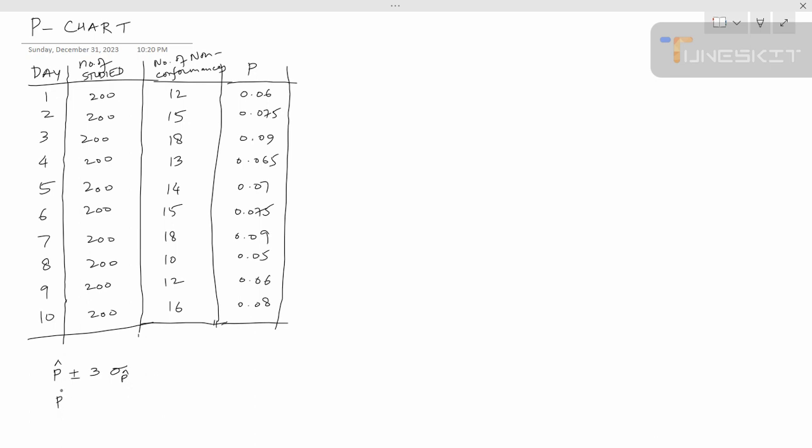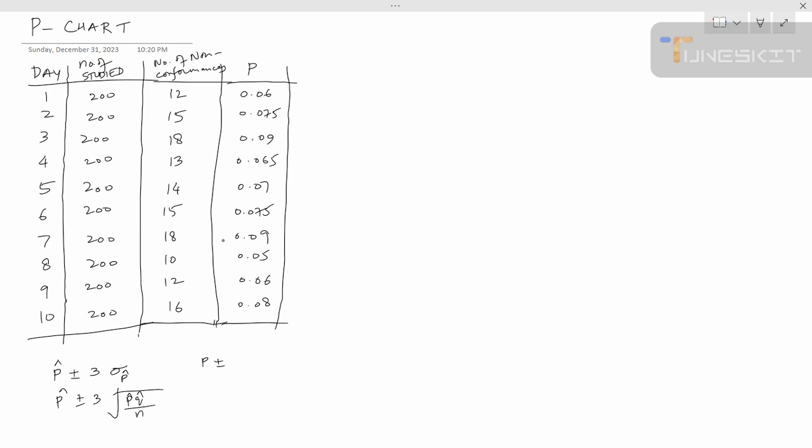The standard error of the random variable p hat we estimated there as the square root of p hat q hat divided by n. Here our variable is p, so we make the amendment in the formula accordingly.